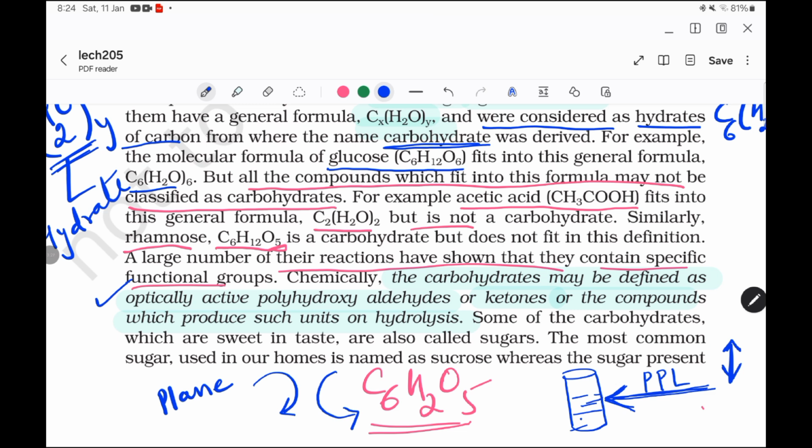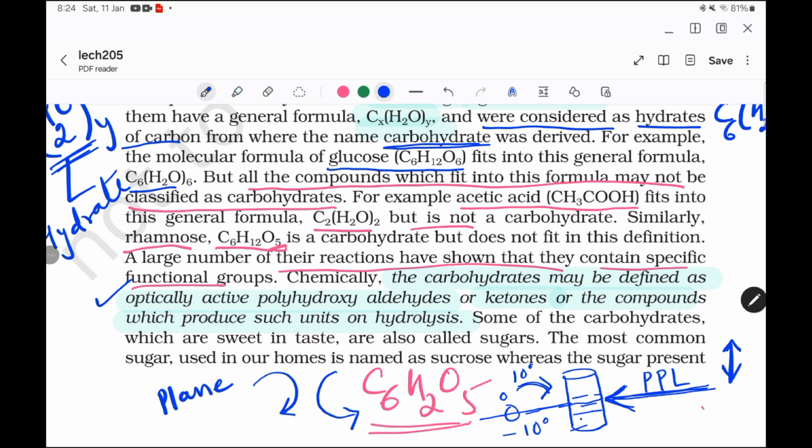If this light is allowed to pass through this chemical, which is, let's say, rhamnose, you would notice that it rotates the direction of light. If the light's angle was initially 0 degrees, it will move either towards, let's say, 10 degrees positive, or towards minus 10 degrees.